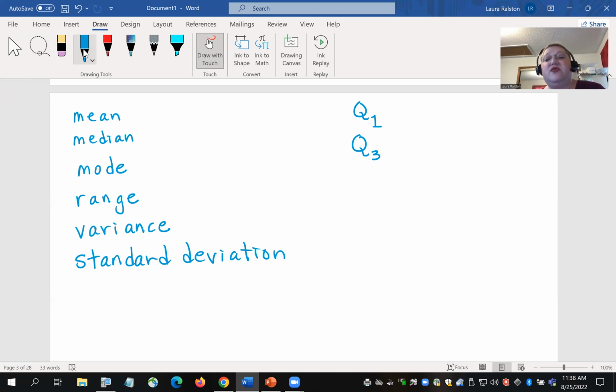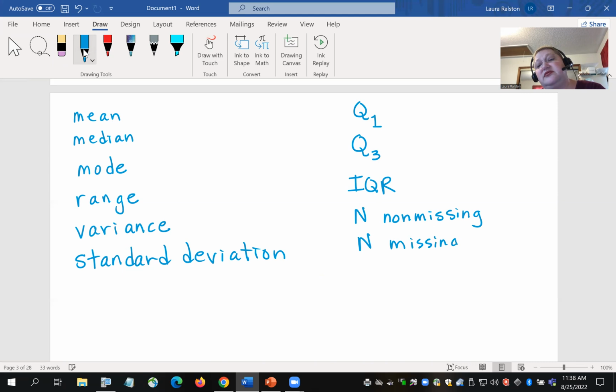We do the interquartile range. We do N non-missing. We talked about this the other day to determine whether we had missing data. We do N missing and N total. But I feel like I'm missing one, so give me just a minute. 1, 2, 3, 4, 5, 6, 7, 8. I think that's it, guys.